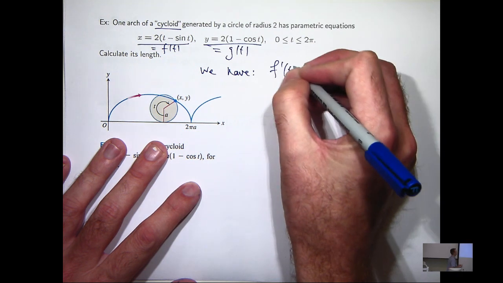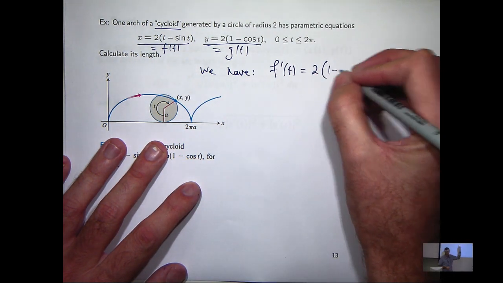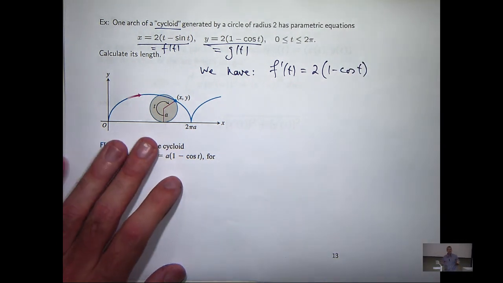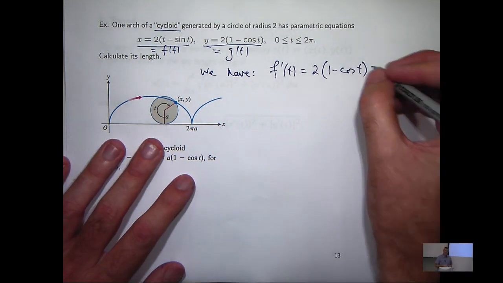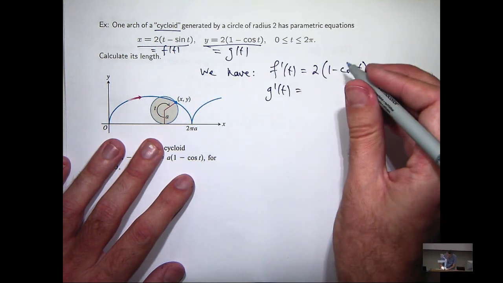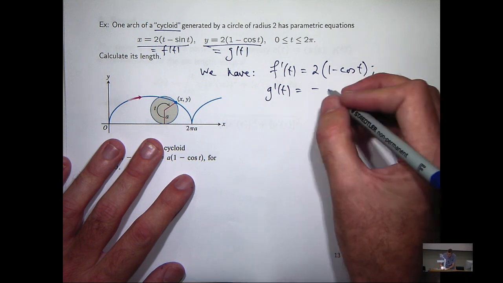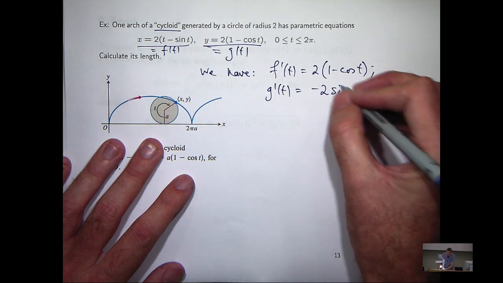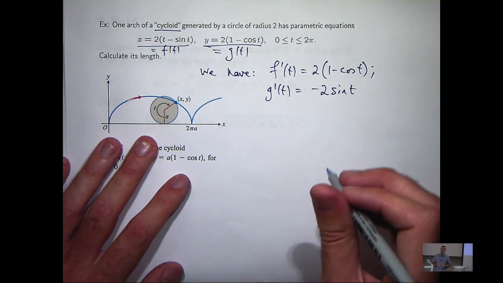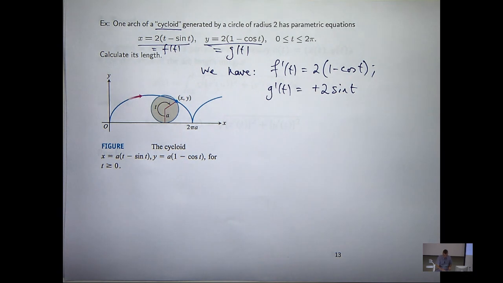All right, so if I differentiate, I'll get something like that, if I'm not mistaken. Differentiate over here, I'll get something like minus 2... Okay, so let's look at the squares of these and add them together.